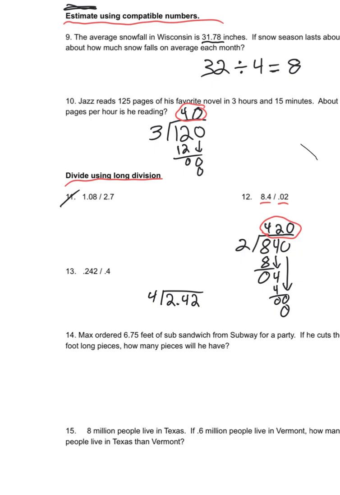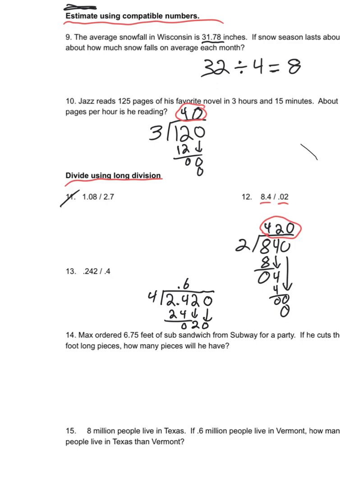4 can't go into 2, so can it go into 24? Yes, it goes in 6 times. Bring down the 2. 4 cannot go into that 2, so we have to add that 0 and bring it down. So it's 20 then.